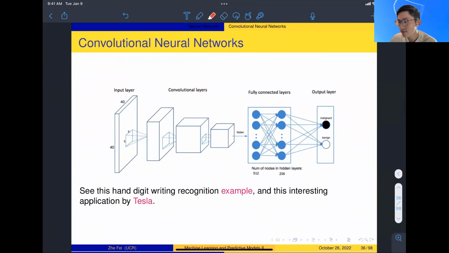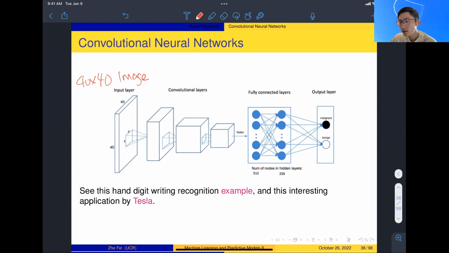So here's one example. As I was saying, CNN is mostly applied to image data. Think of this input layer as essentially a 40 by 40 image that we input, and here the 40 denotes the number of pixels for your image.